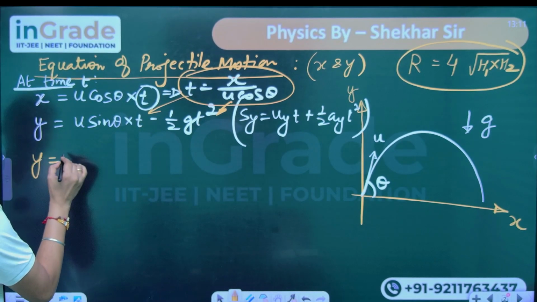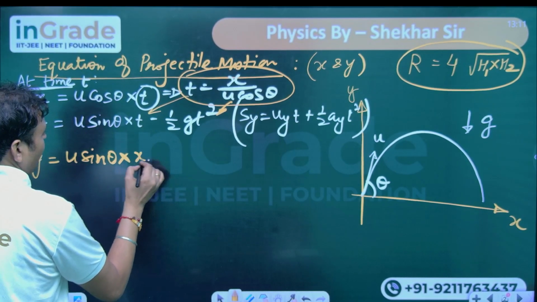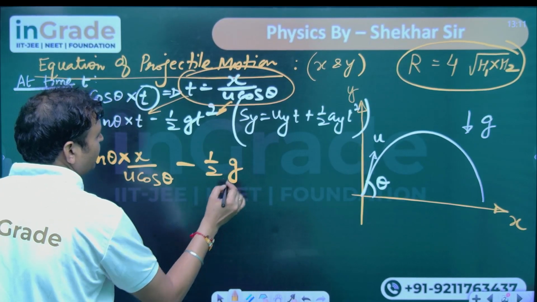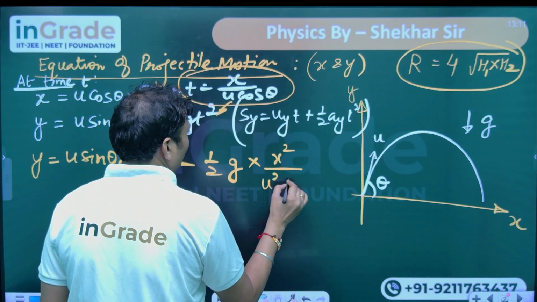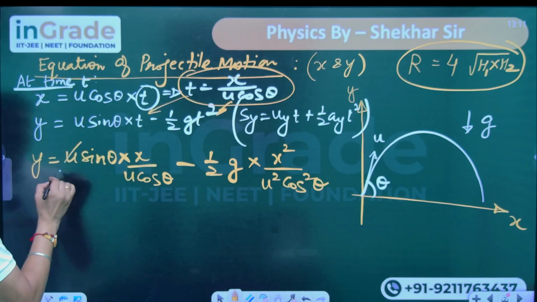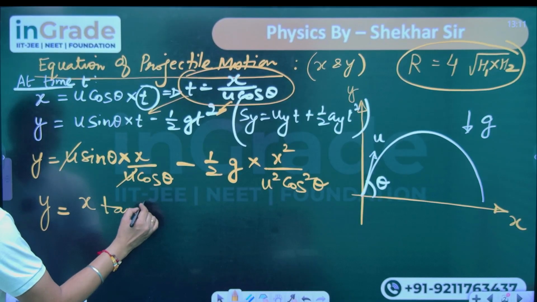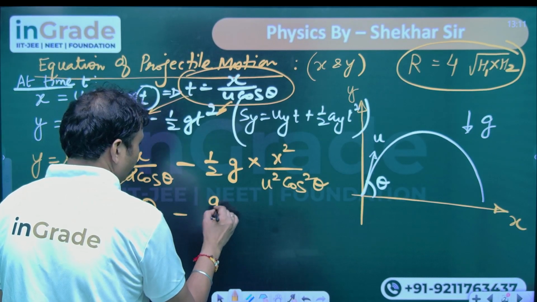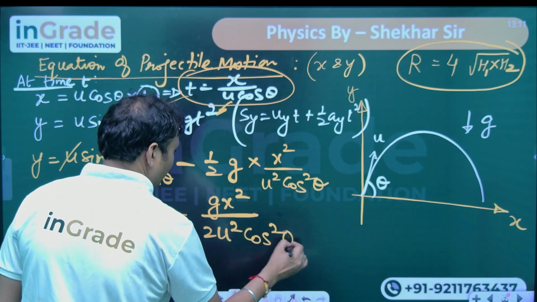So y is equal to u sin theta into x upon u cos theta, minus half g into t square, that is x square upon u square cos square theta. So sin theta upon cos theta, this u will get cancelled out. So y is equal to x tan theta, first term, minus g x square upon 2u square cos square theta.